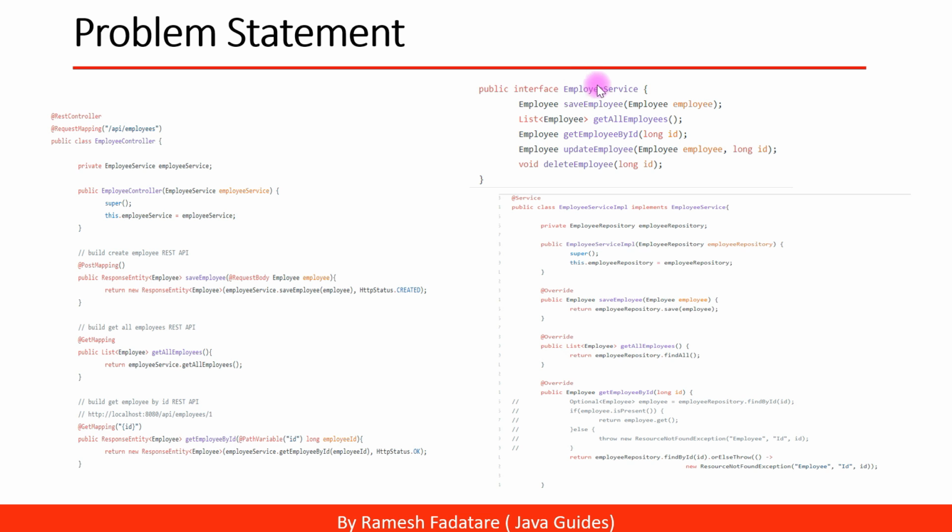Okay, and similarly in the service layer, we first create an interface, employee service, and then we create a class employee service impl, which implements the employee service interface and implements all its methods. Okay, so for a single entity, let's say employee, we need to create 3 files.